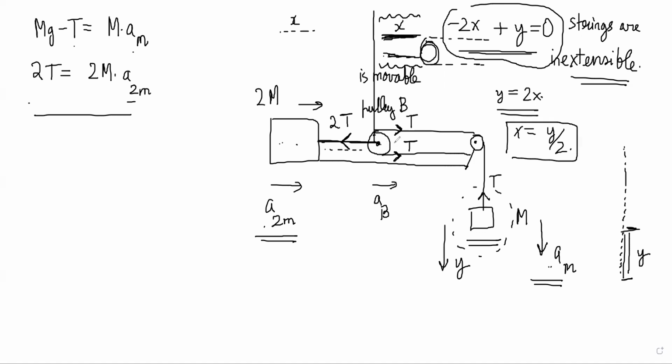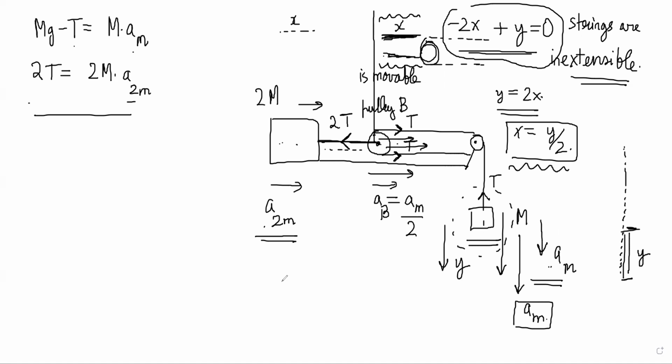So the pulley moves only half the distance that this mass falls. If you differentiate this relation once, you will get a connection between the velocity of this mass and the velocity of the pulley. If you differentiate once more, you'll get a connection between the acceleration of this mass and the acceleration of the pulley. So if the acceleration of this mass is A of m, the acceleration of the pulley must be A of m by 2.